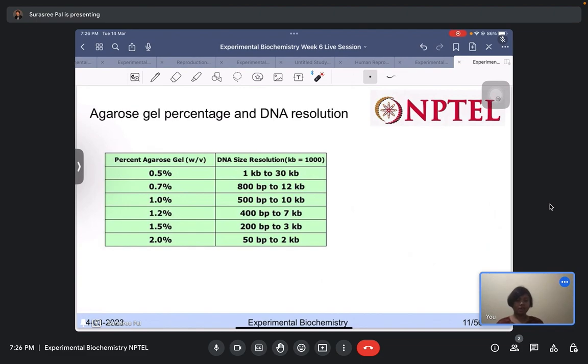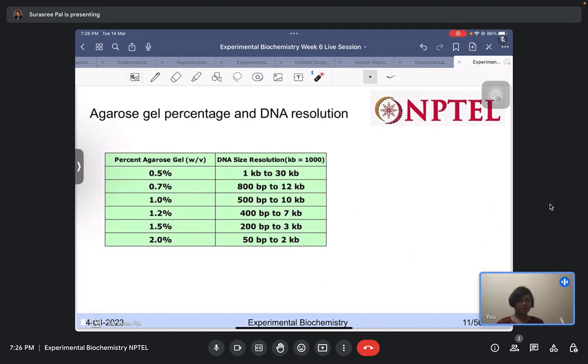If it has a higher percentage, the pore size will decrease, and it will not be able to resolve larger molecules, but it will be able to resolve smaller molecules. So at 1.5%, we can resolve from 200 base pairs to 3 kilobases of DNA.